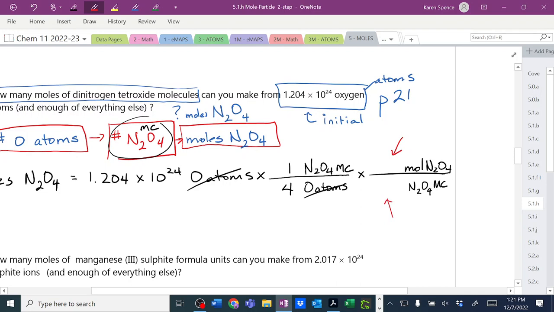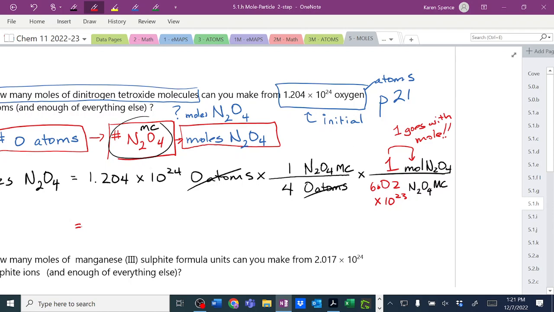It definitely does not go with the mole. That would be like saying 12 dozen is equal to 1. That's not the case, right? So the 6.02 times 10 to the 23 does not go with the mole. The 1 goes with the mole, and then our 6.02 times 10 to the 23 goes down below. Check and make sure you can get that on your calculator working nicely. Make sure you haven't forgotten how to use your exponent button.